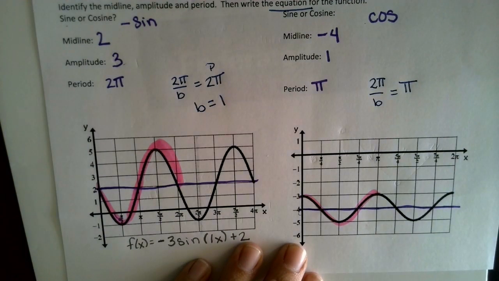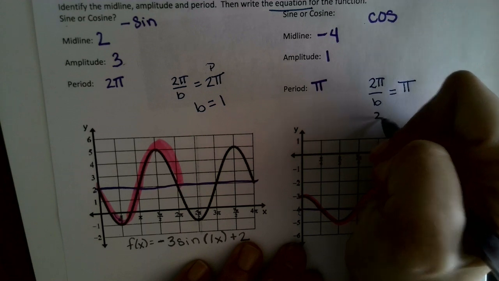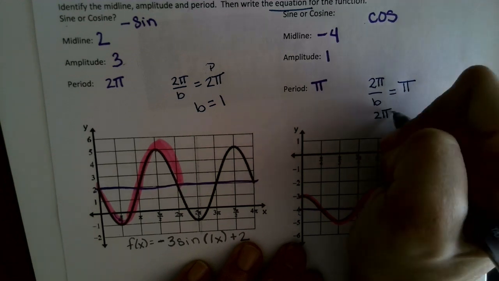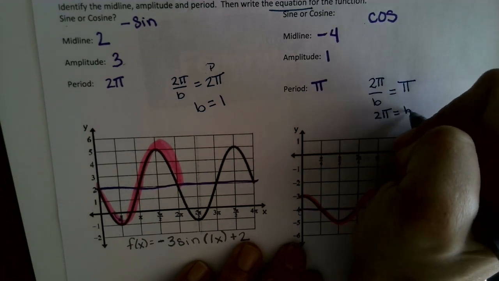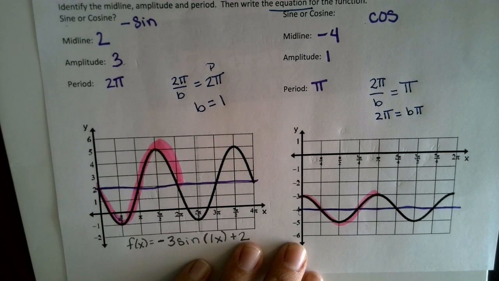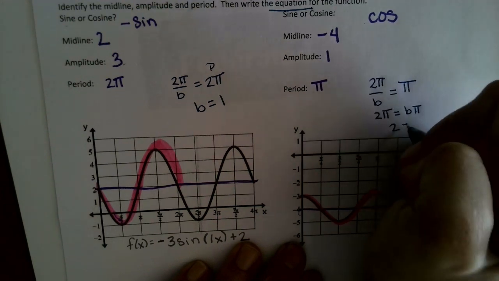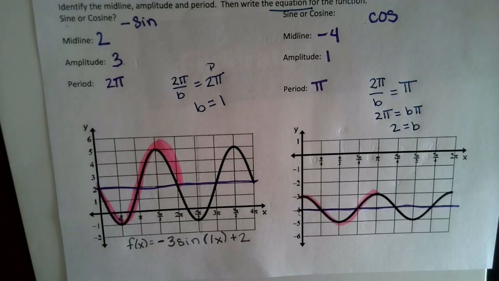I'm going to solve this out, though some of you might be able to recognize it. I don't like b in the denominator, so I'm going to multiply both sides by b. Then I'm going to get b by itself, so I divide by pi, giving me 2 equals our b.